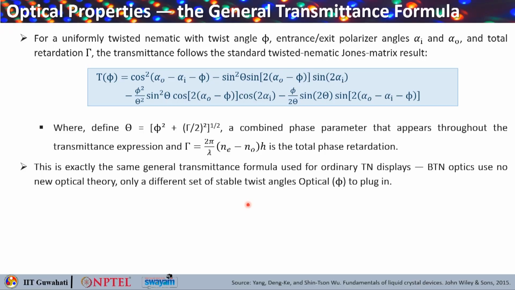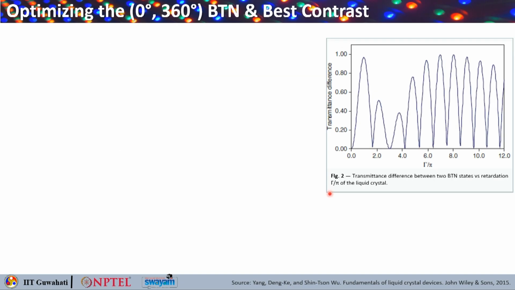This is exactly the same general transmittance formula that was used for ordinary twisted nematic displays. So the bistable twisted nematic optics use no new optical theory, only a different set of stable twist angles, that is, the phi needs to be plugged into this formula.